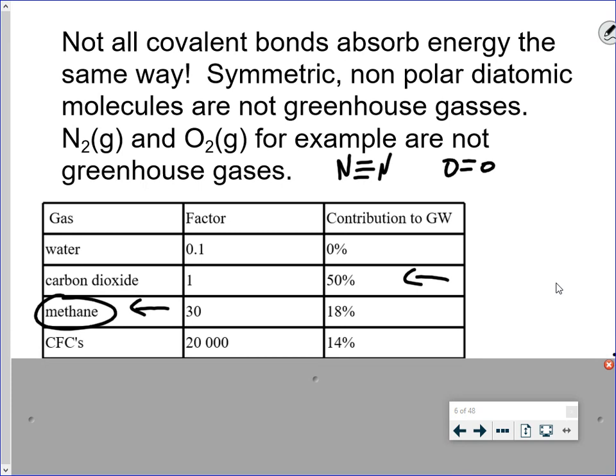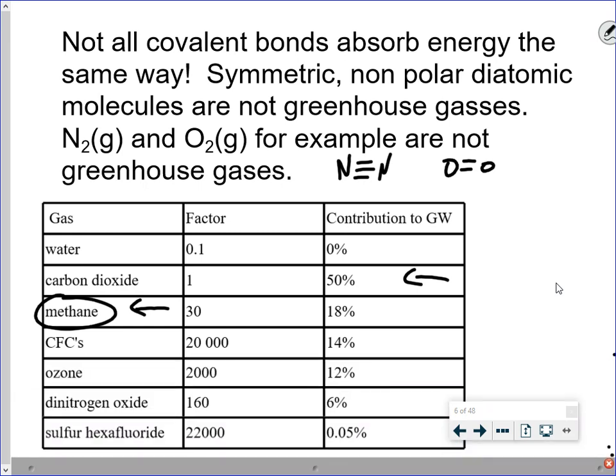Chlorofluorocarbons, and we'll talk about those tomorrow, are way worse than greenhouse gases, like methane and carbon dioxide. They're horrific. And we were just releasing these like tons many years ago, but now hardly any of them are released. Okay, other ones, ozone, dinitrogen oxide. So this is smog, right? We talked about smog. And then a really weird gas called sulfur hexafluoride. It's way worse than the other one. So ozone is a really bad greenhouse gas.